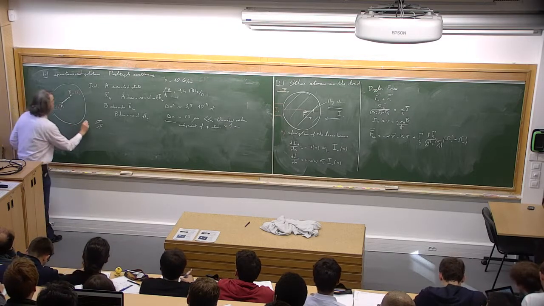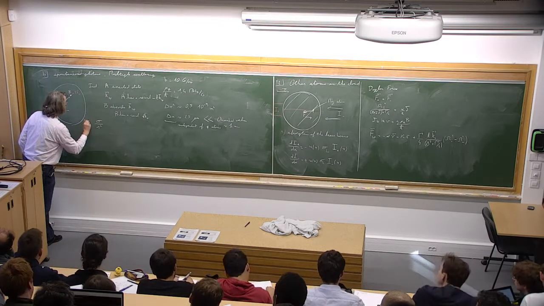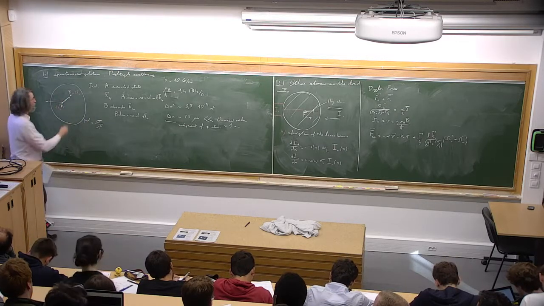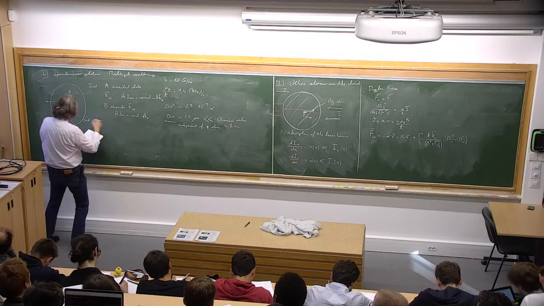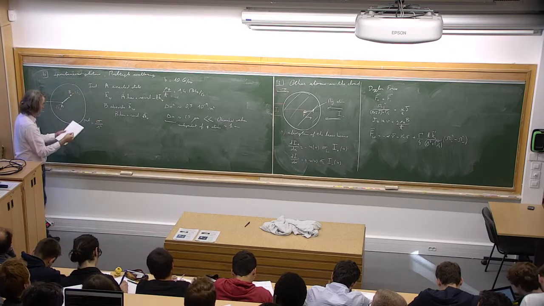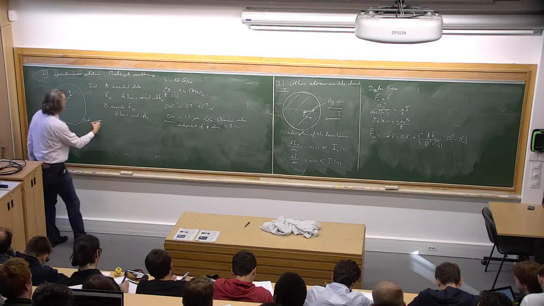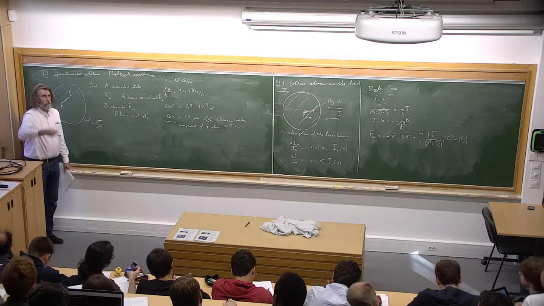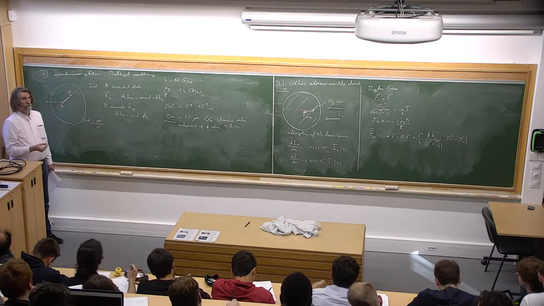In fact, this is the probability for this process to occur, obviously also with the density of atoms and so on. And so this sigma is the cross section for reabsorbing a spontaneous photon.